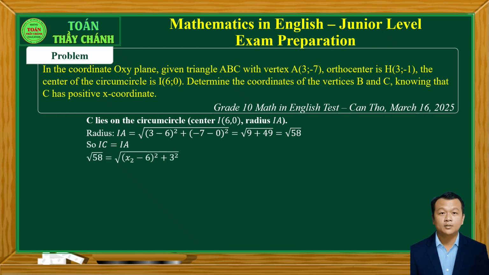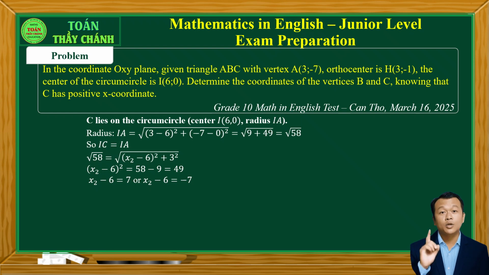So the square root of 58 equals the square root of ((x2 - 6)^2 + 3^2). Squaring both sides, we get (x2 - 6)^2 = 58 - 9, which is 49. So x2 - 6 = 7, or x2 - 6 = -7.